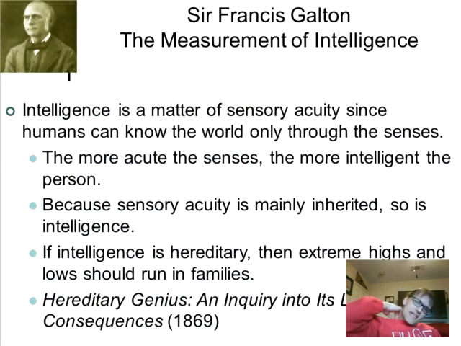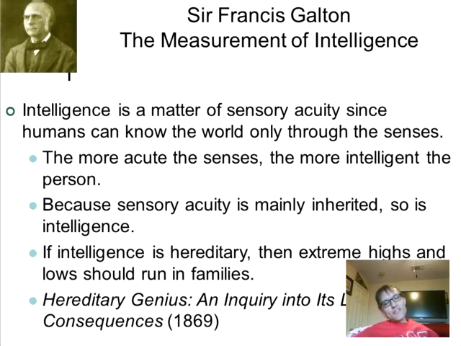Okay. First thing is, as I said, Francis Galton was Charles Darwin's cousin, and Francis Galton was kind of a slacker, and then when his cousin publishes this book, he gets inspired, and he's like, okay, I gotta work this out. Okay, he came to some conclusions and decided that intelligence is a matter of sensory acuity. Okay, and this is a direct descendant from some of the earlier philosophers.